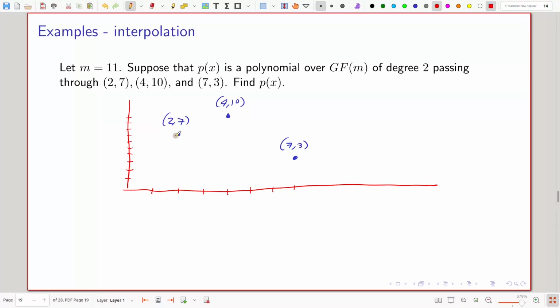So let's try to focus on this point first. And this point is still hard to work on. Let's think about this point. Okay, this is point 2, 1. Okay, let's focus on the first guy. Let's try to find a polynomial that is 1 here and is 0 in these 2 locations.